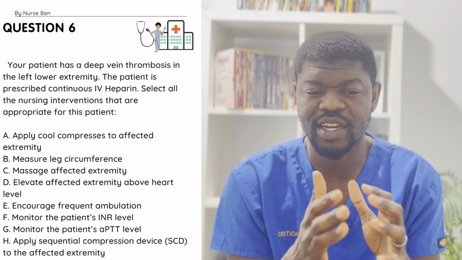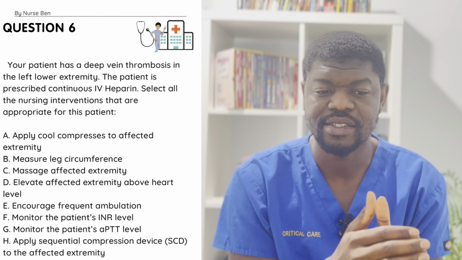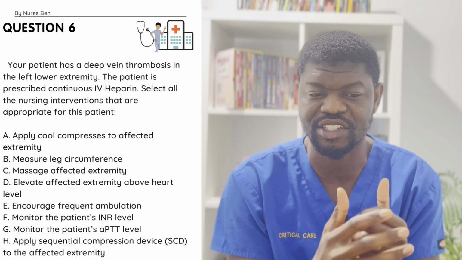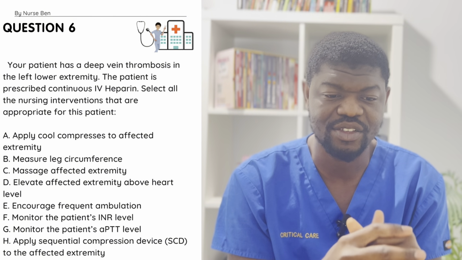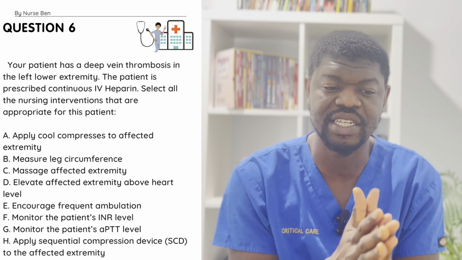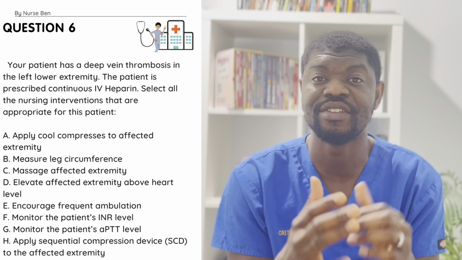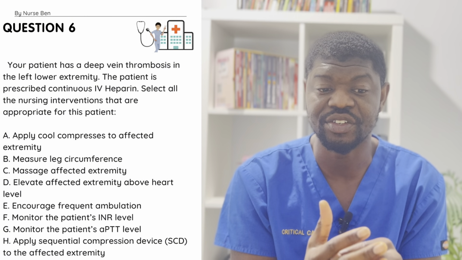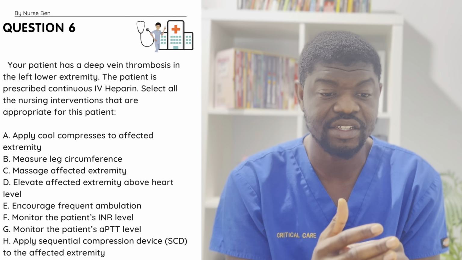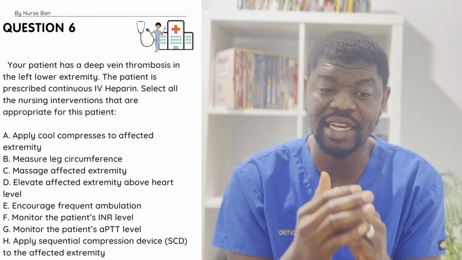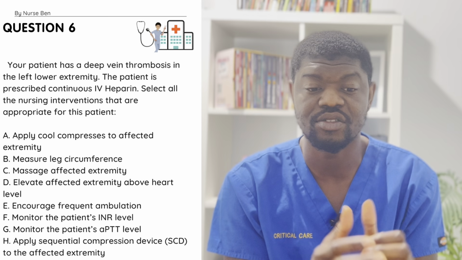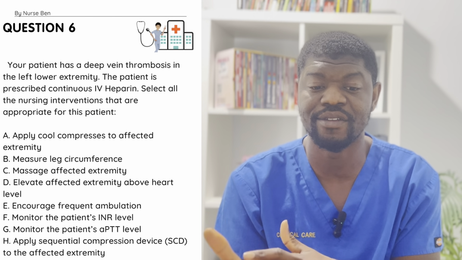B, measure the leg circumference. C is to massage the affected extremity. D is to elevate the affected extremity above heart level. E is to encourage frequent ambulation. F is to monitor INR levels. G is to monitor your APTT levels.